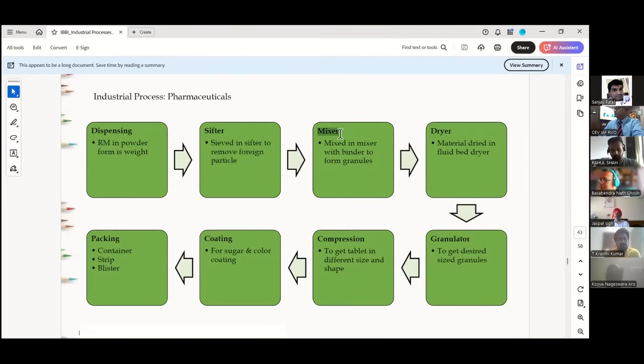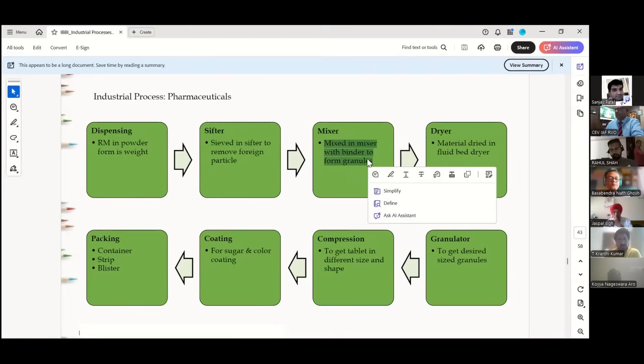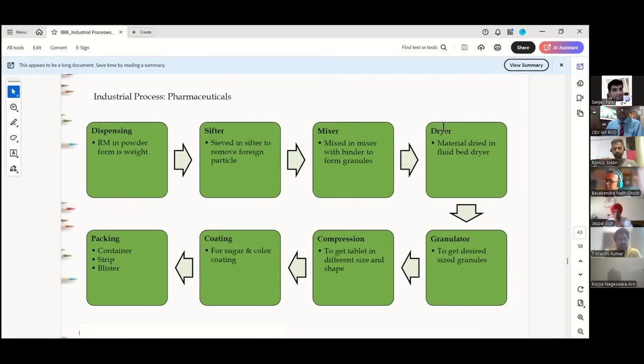In the next stage, different raw materials are mixed with each other in proportionate ratios, mixed in a mixer with a blender to form granules. Then it goes to the dryer, where whatever moisture is present, due to the mixing of various chemical compounds in the mixers, is removed. Normally it is called the fluid bed dryer, and the moisture is removed and the material is made purely dry and suitable.